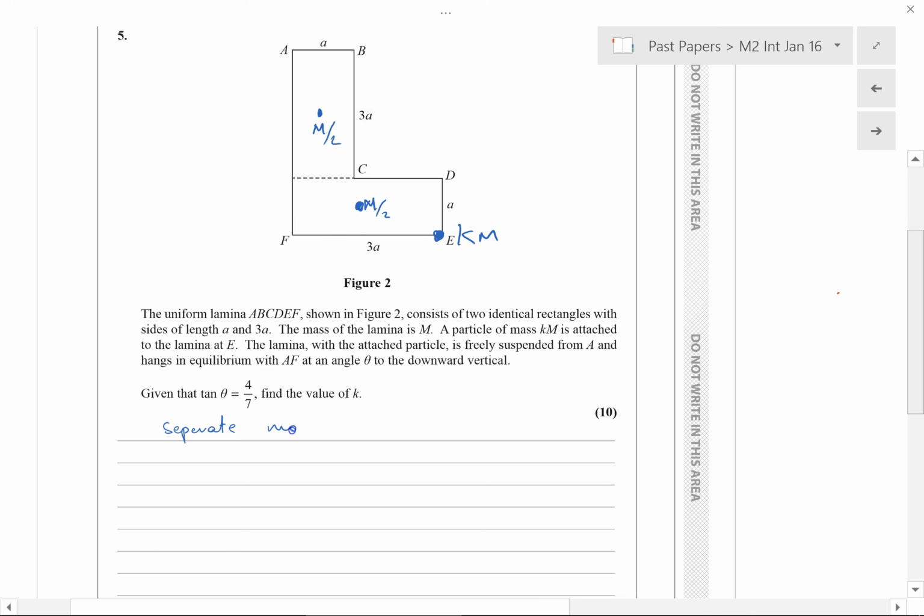So separate masses, we've got the m over 2 and another m over 2 plus a km, and then those two added together, the composite mass, the whole thing together, is then going to be m plus km, so that's m times 1 plus k.